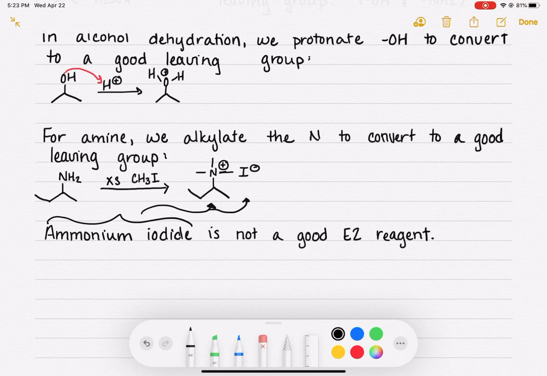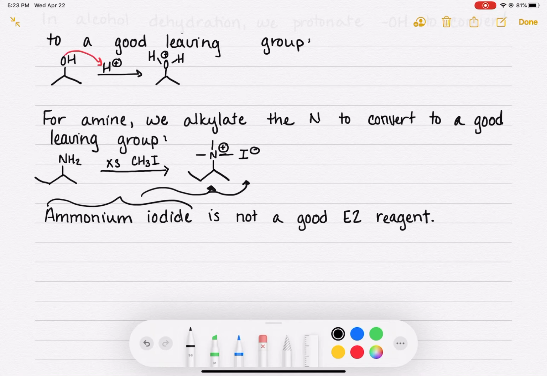I feel really compelled to review E2 briefly with you because it's been so long since we did E2. E2 stands for elimination, second order, which means that you have two molecules colliding in the first step, or the slow step, of the reaction. So in the E2 reaction, we need to have a reactive and strong base, so that reactive strong base is going to just attack our molecule, attack one of its protons, and initiate the E2 process.